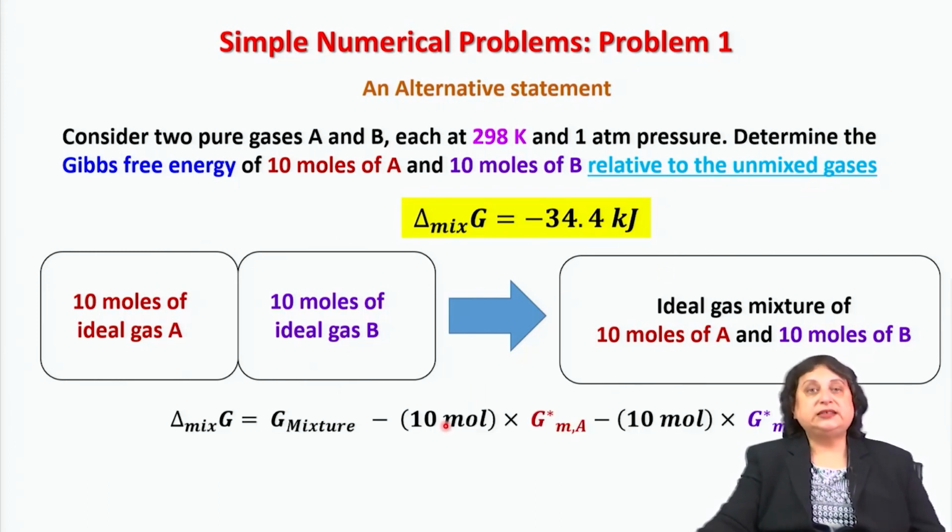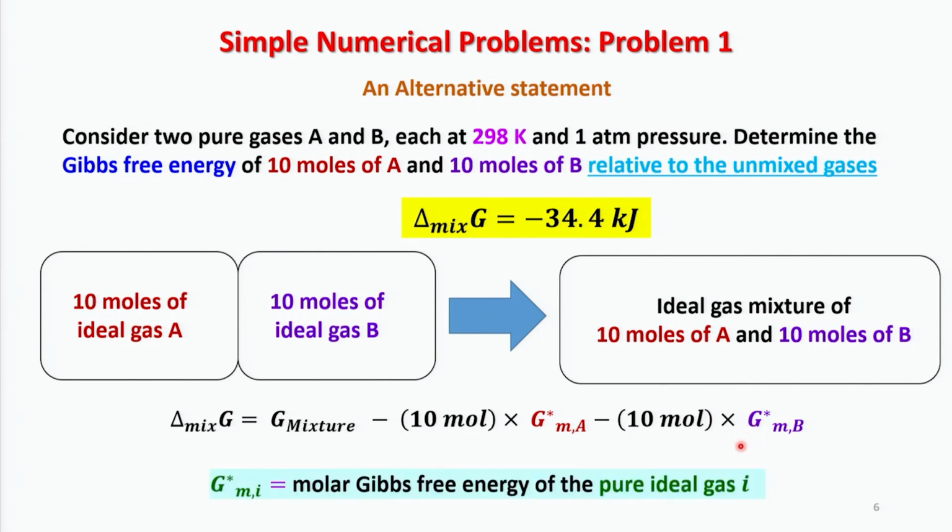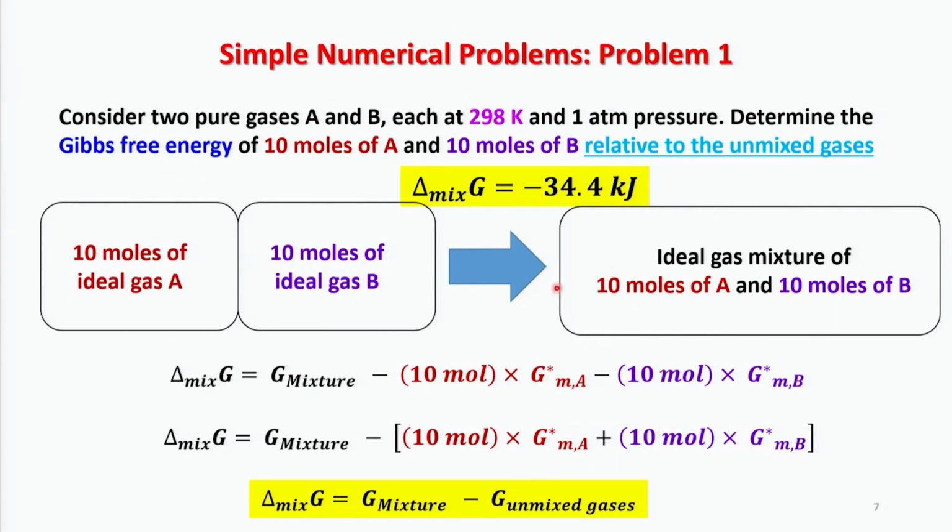Your formula tells you that delta G mix is G of the mixture minus 10 moles multiplied by the molar Gibbs free energy of the component A, minus 10 moles multiplied by the molar Gibbs free energy of the pure component B. So, delta G mix is G mixture, that is the absolute Gibbs free energy of the mixture, minus the absolute Gibbs free energy of the component A before mixing in its pure phase, minus the contribution coming from the component B before mixing in its pure phase.